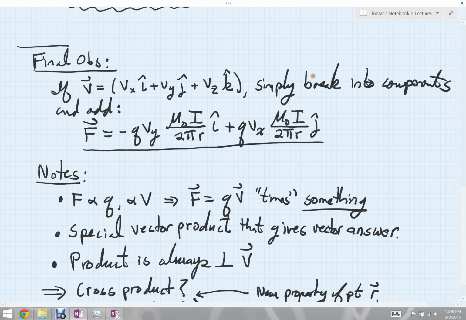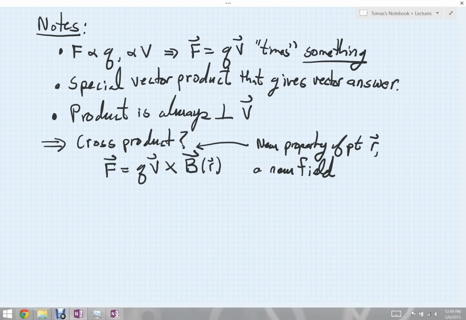So this new field somehow couples into the velocity of the particle. So it's a new property of point r. It's a new field. We need a name for this, and this is what is known as the magnetic field. For reasons we'll see later, it's associated with the common phenomena of magnetism.